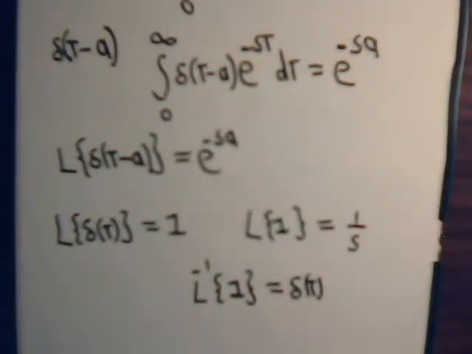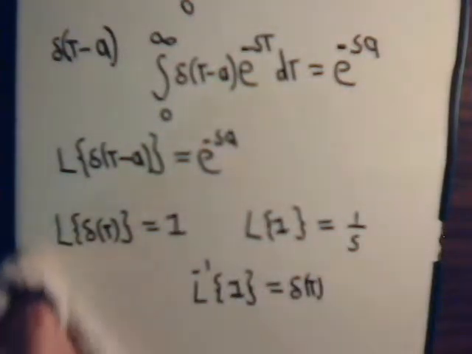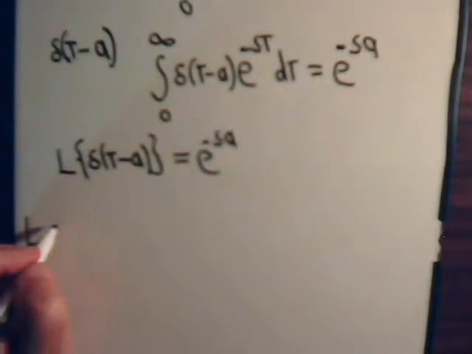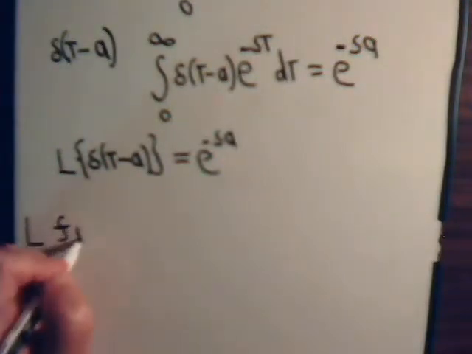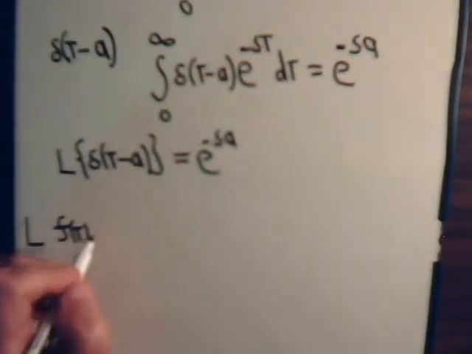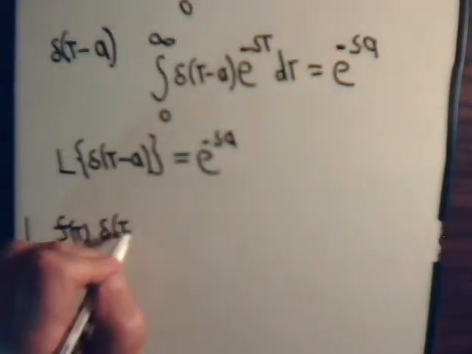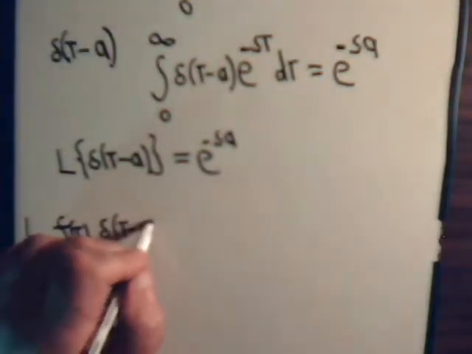Now, let's see if we can consider one more basic equation. Suppose we're interested in finding the Laplace transform of a function, say f of t, times the Dirac delta function, t minus a.